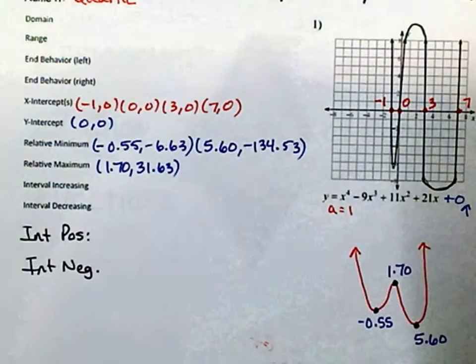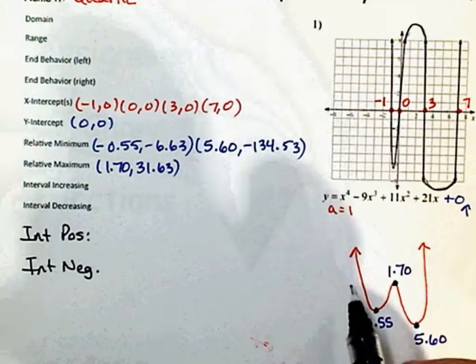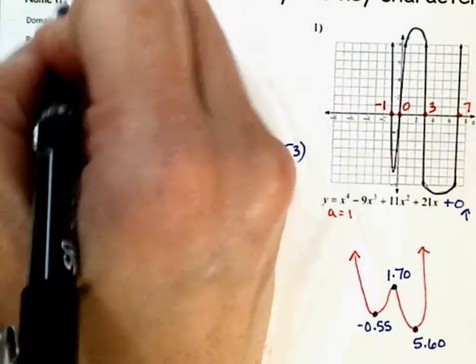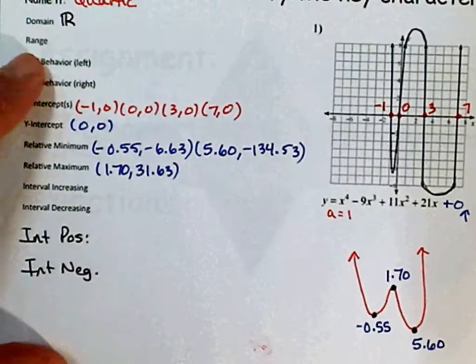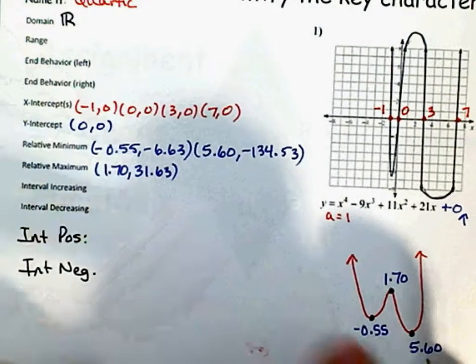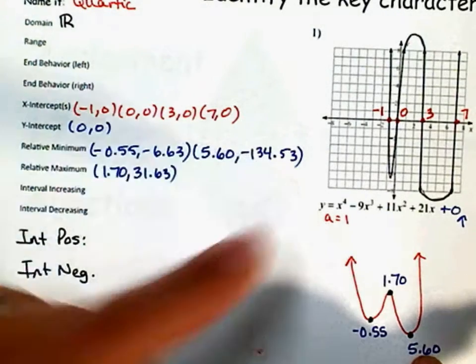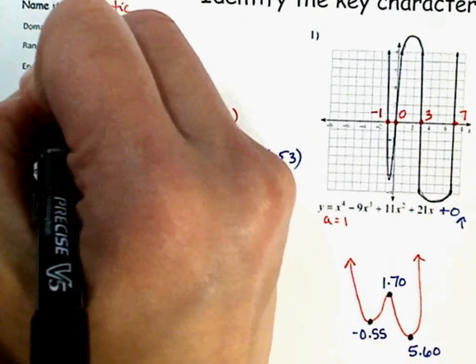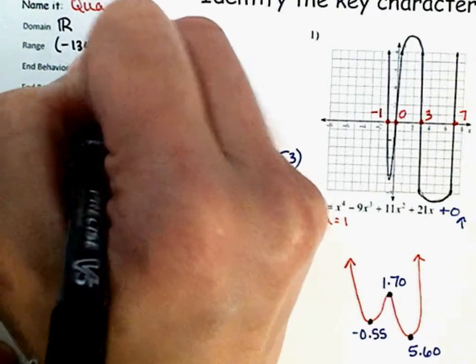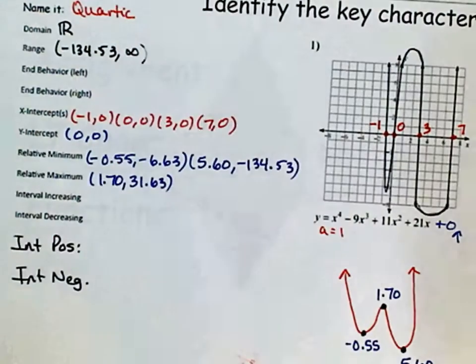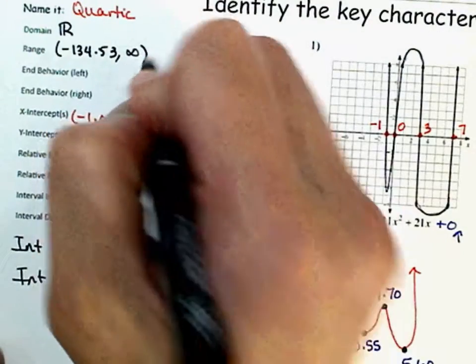Okay, your domain, left to right, all real numbers. Your range, your lowest y value, this one is your lowest, is -134.53. And it's an estimate, so I'm going to put parentheses to positive infinity. Okay? Your end behavior.